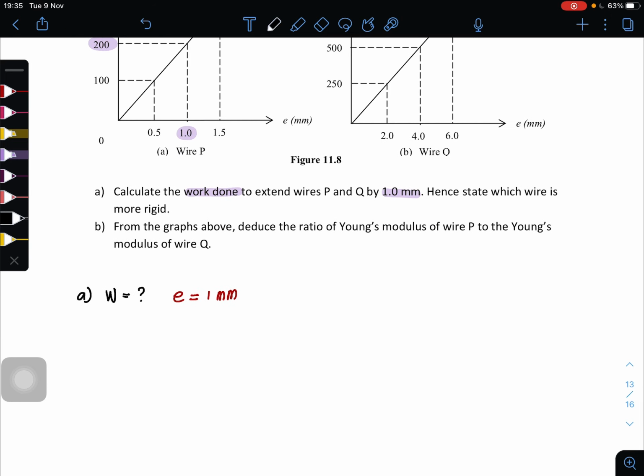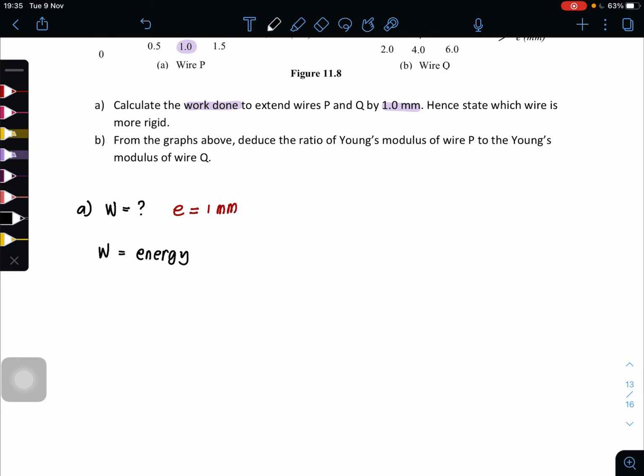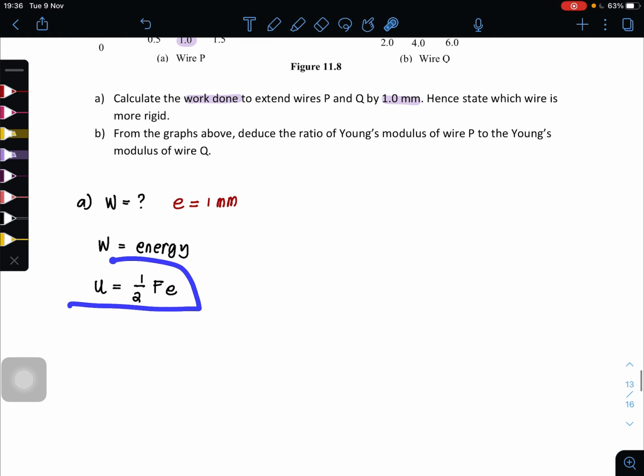Okay, so remember before this, work done is actually equivalent to energy. Work is energy, energy is work. So basically we can find the work done by using the energy formula, which is equal to half Fe. Okay, so we are going to use this formula here.